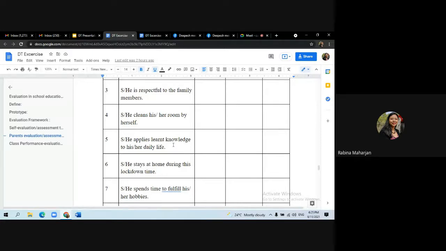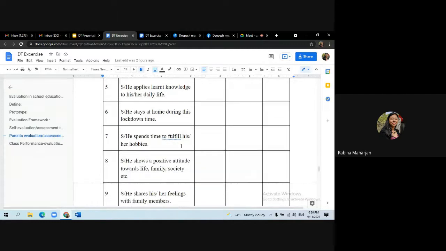For example, we have had examples in the past also that the students who get very good marks in social studies are not being social whenever there are guests in our home and in the society. So application of the learned knowledge is very important, and we have taken this as a criteria for the parents evaluation. And he or she stays at home during this lockdown or pandemic time.